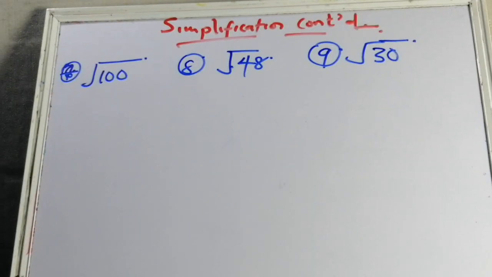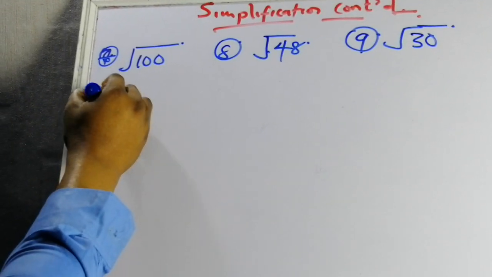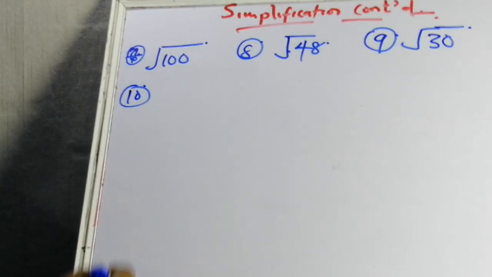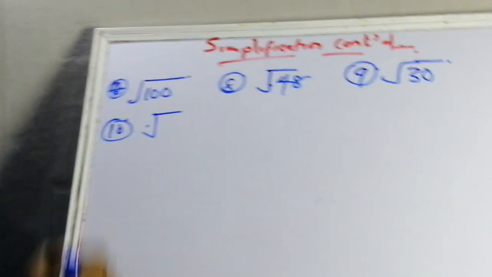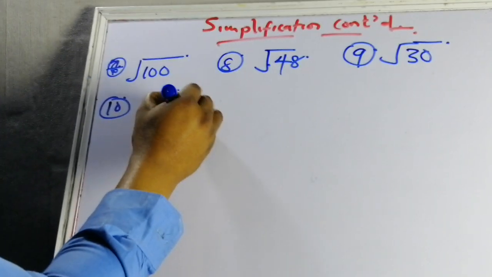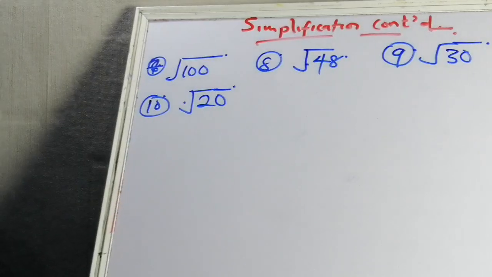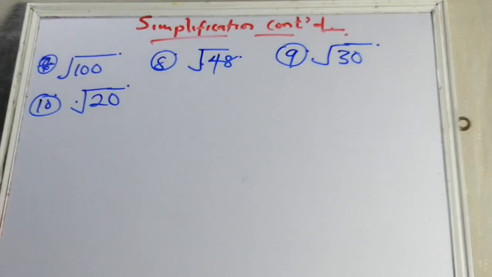And then number 10, let's say root 20. And they ask us to simplify this.